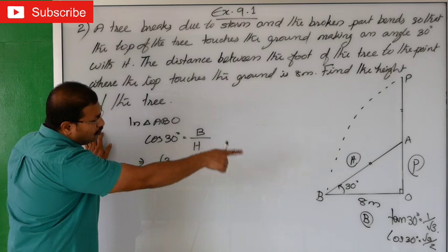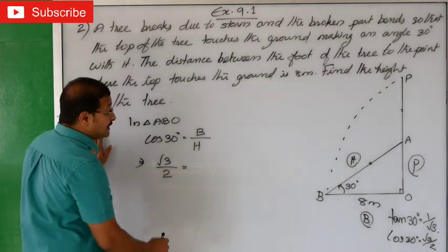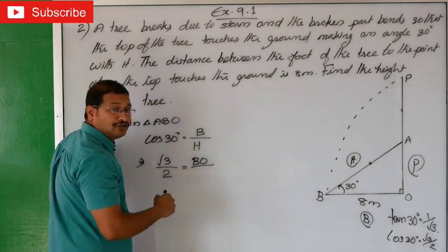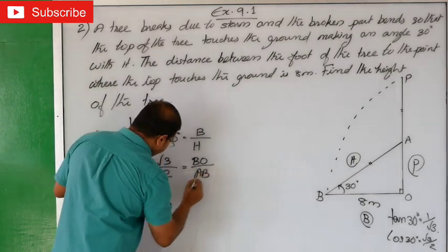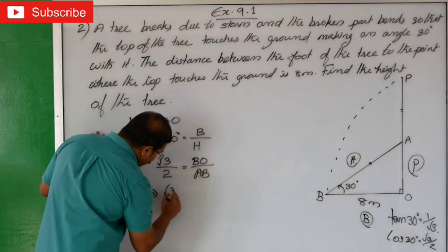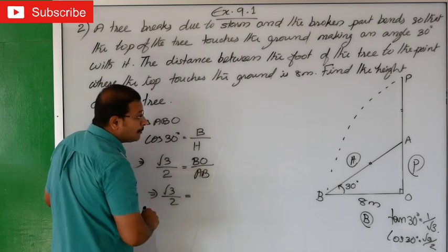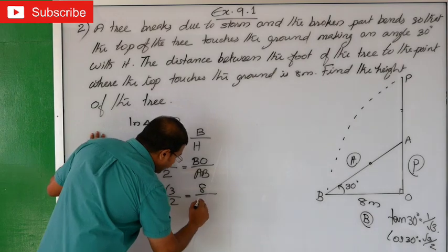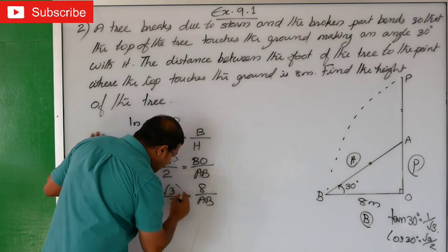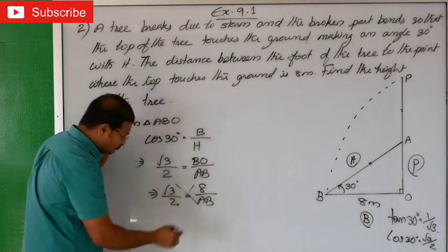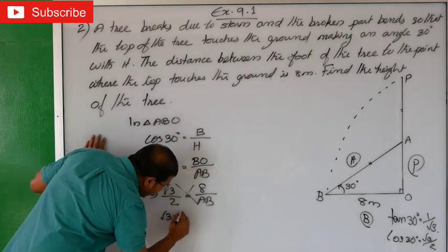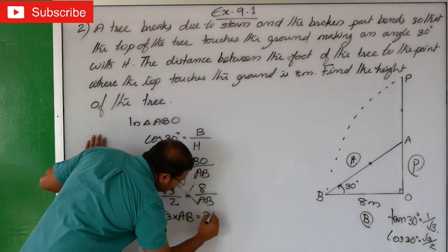What is base here according to this triangle? Base is BO divided by hypotenuse AB. Implies root 3 by 2 equals BO 8 by, we don't know the value of AB, just write AB. Now we'll cross multiply. So root 3 into AB equals 2 into 8.